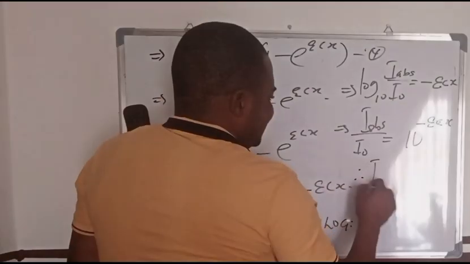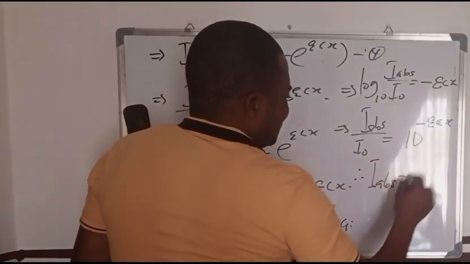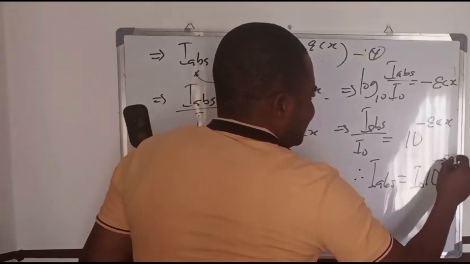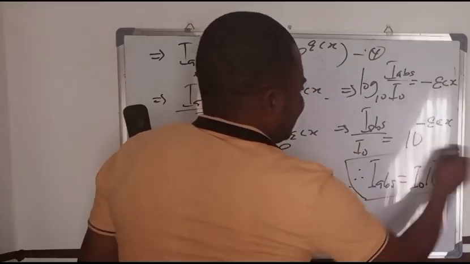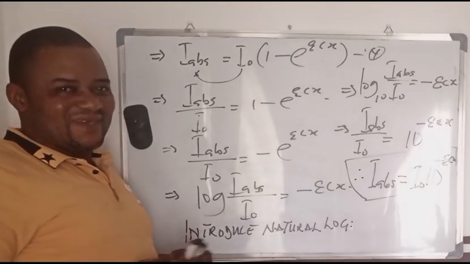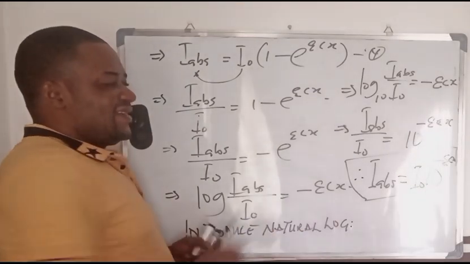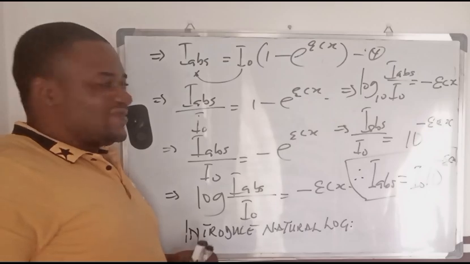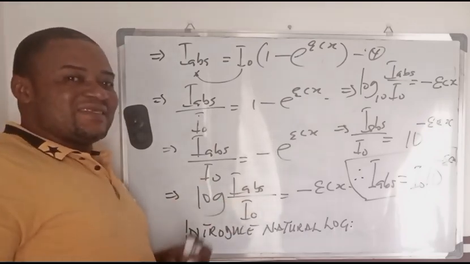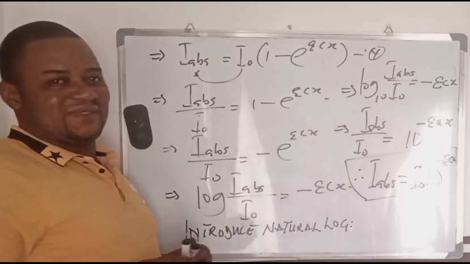So the intensity of absorbed radiation will be equal to I0 times 10 raised to the power minus εCx. And this is the Beer-Lambert law or equation. So you can derive your Beer-Lambert equation in this format. It is still very correct.